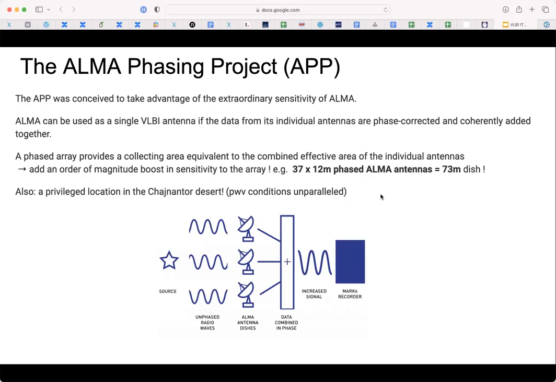This is sort of what ALMA proposes, what ALMA promises, but it can be more if more antennas are available. But more or less 70 meters is what you get. And this is a huge single dish antenna in the sub-millimeter regime, so it really boosts the signal. Also, ALMA is located in a very good place, and the conditions are excellent for sub-millimeter observing. They are the best in the world.